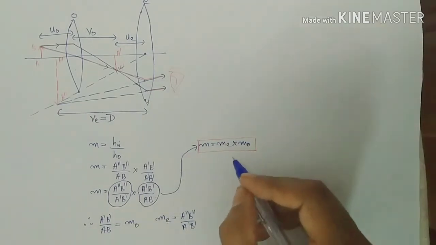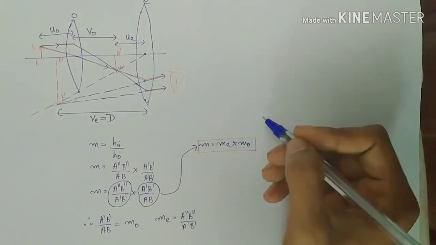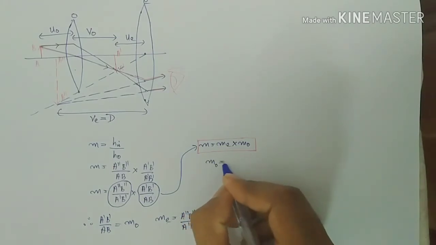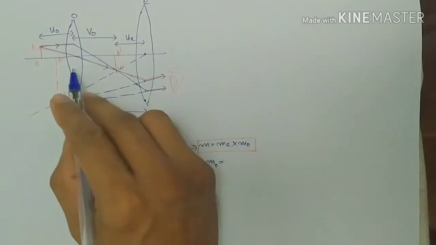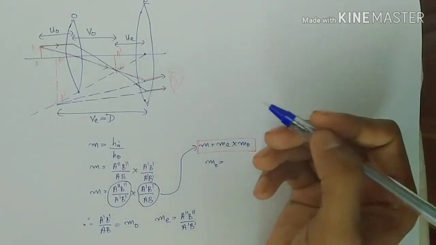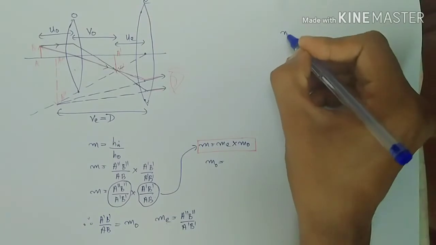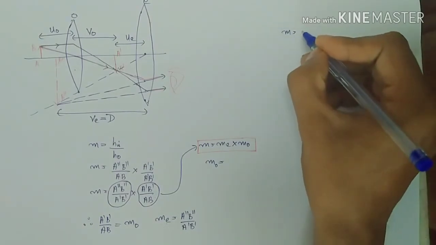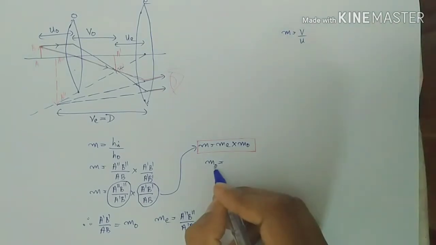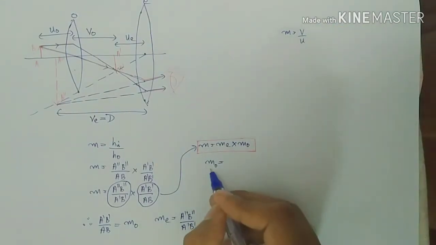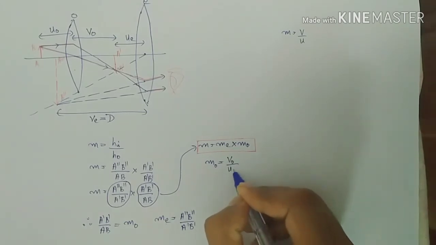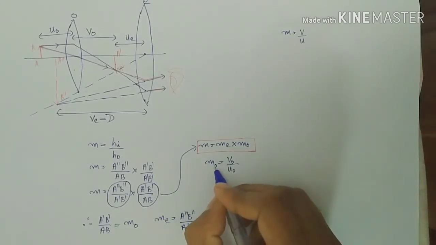Then, if we are simplifying it further, we could write magnifying power of objective: the objective lens is behaving like a simple lens, and we know the magnifying power of a lens as M is equal to V by U. Therefore, by using that concept, MO can be written as VO by UO, since it is magnifying power of objective.